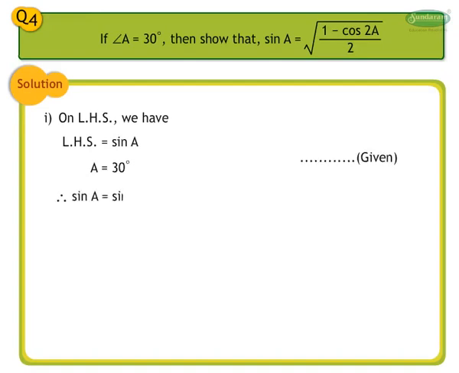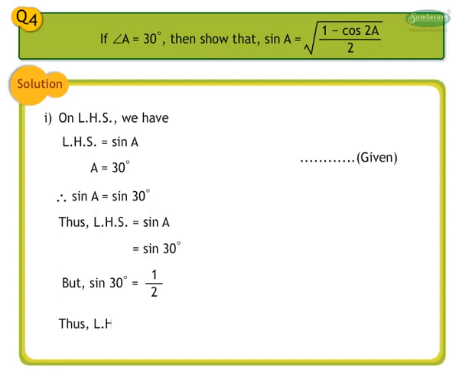Therefore, sin A is equal to sin 30 degrees. Thus, left-hand side is equal to sin A is equal to sin 30 degrees. But sin 30 degrees is equal to 1 upon 2. Thus, left-hand side is equal to sin 30 degrees is equal to 1 upon 2. Mark it as equation 1.